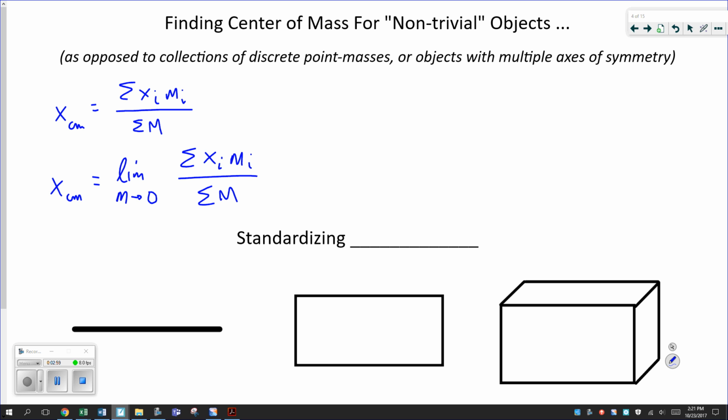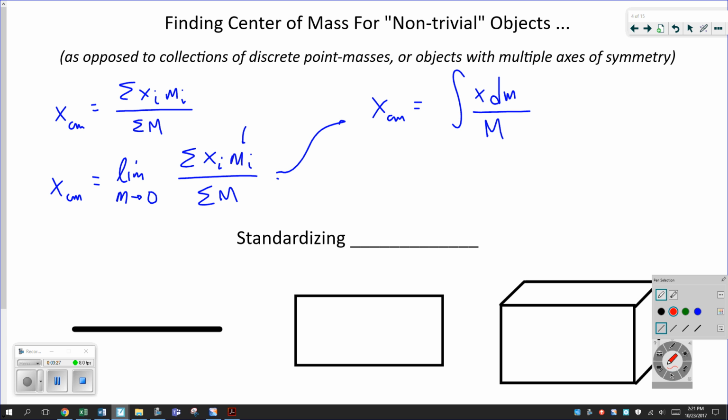If each mass gets smaller and smaller, what we really end up saying is that the center of mass can be taken as the integral of x dm over big M. What that means is that the center of mass is really adding up all of the pieces; that's what the integral really means.